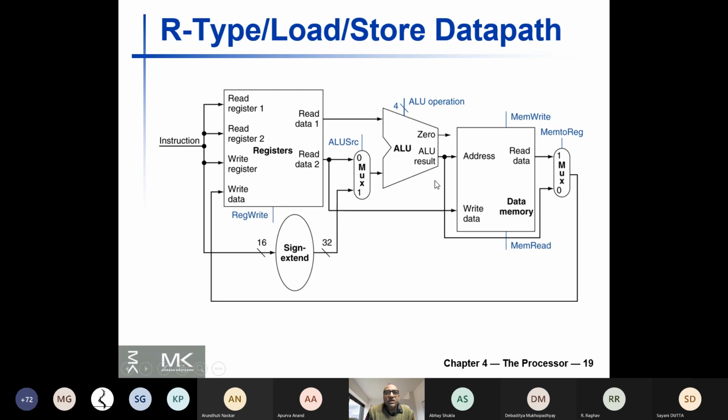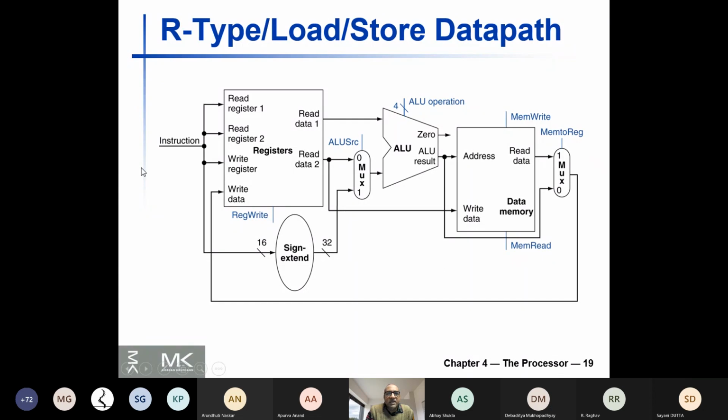This is just a merger of the R type and the load and store type instructions. For load and store, sign extension is required, where the 16-bit offset is transformed to its equivalent 32 bits, and then the corresponding multiplexer. In R type, only the ALU and register file are used.